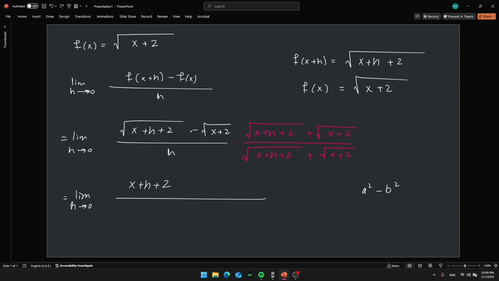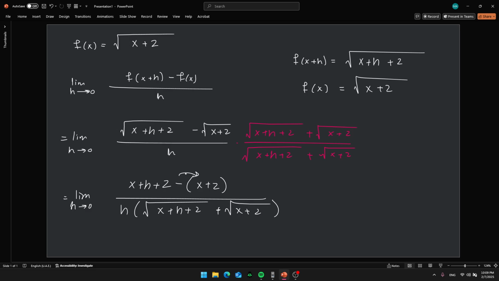Now I have a negative here, so minus the b squared, which is x plus 2. Be careful. For the denominator, I won't touch it. Just write it as it is: radical x plus h plus 2 plus radical x plus 2.